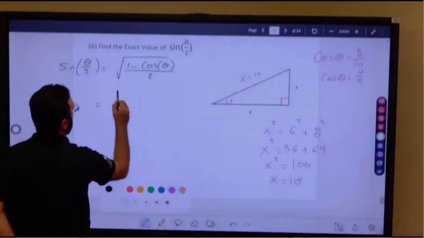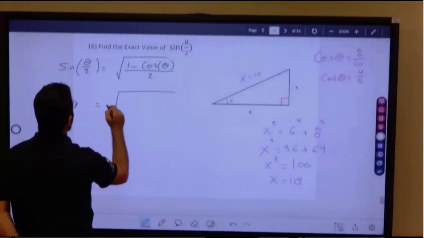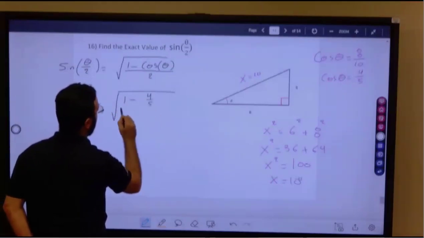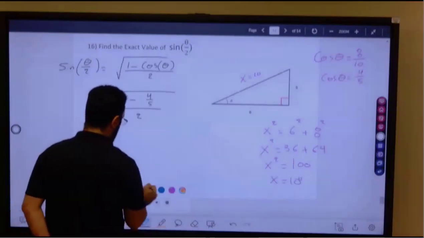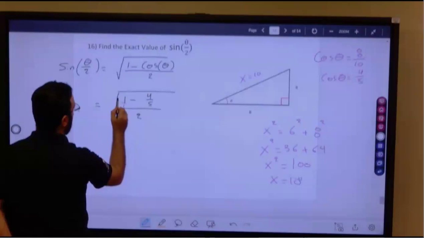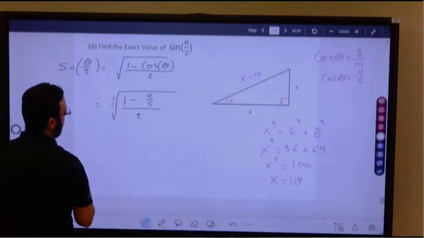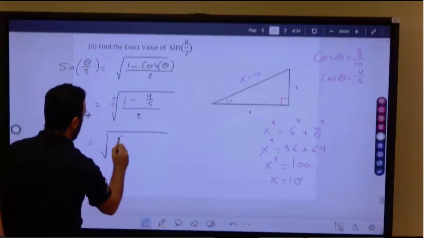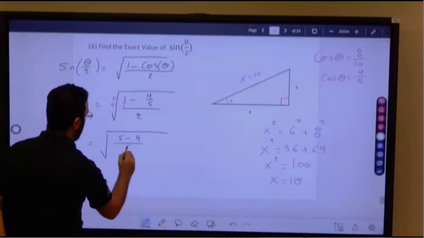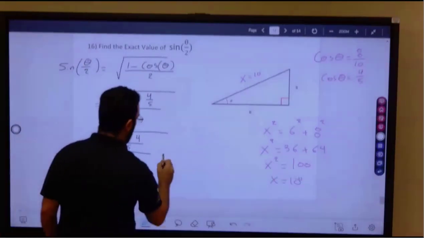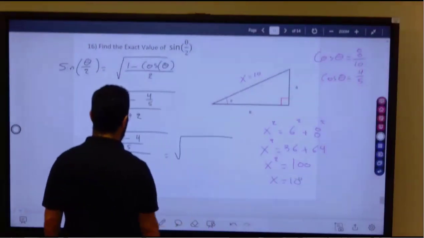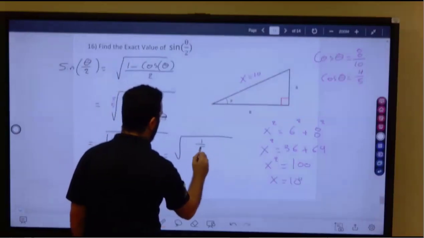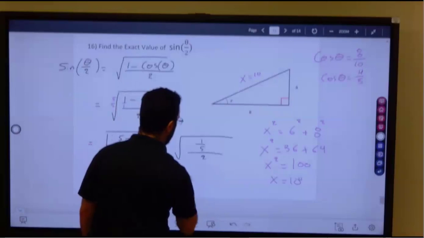So in this case, sine of theta divided by 2 is going to be the square root of 1 minus cosine theta, which is 4 divided by 5, and everything divided by 2. That means this is over 1, so I'm going to multiply by 5. So it's going to be the square root of 5 minus 4 divided by 5 and everything divided by 2, which is equal to the square root of 1 over 5 and everything divided by 2.